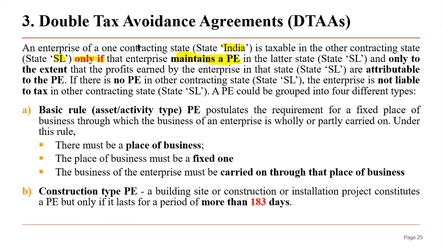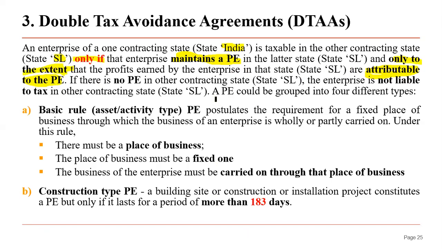And see the word, only to the extent that the profit earned by the enterprise in Sri Lanka is attributable to the PE. The word attributable is again important. It is only to the extent that profit is attributable to that PE, right?